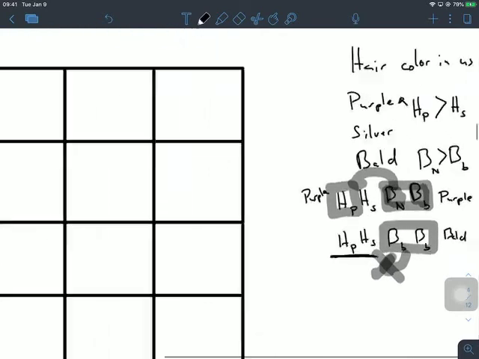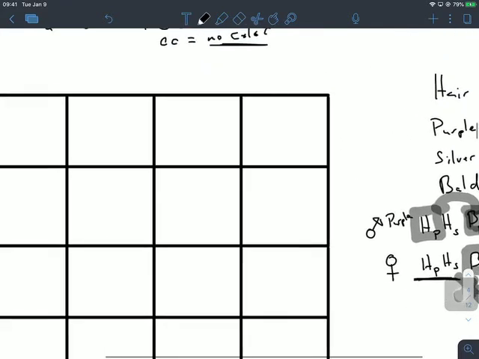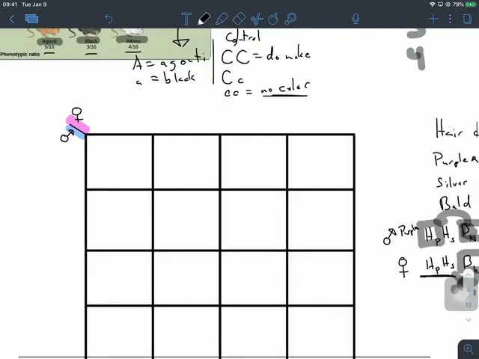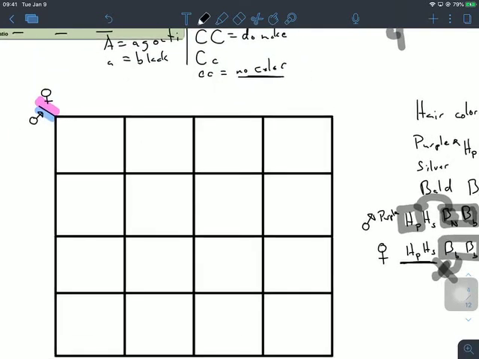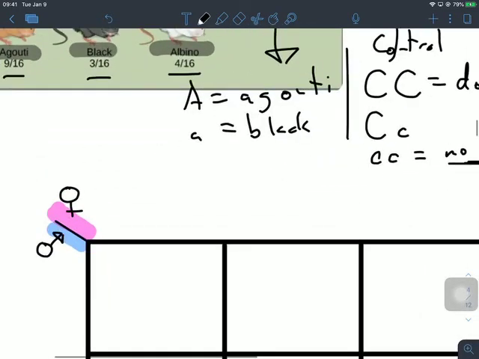So we'll call your bald individual your female and your purple-haired individual your male. Let's write out all of the genotypes on here. So looking at our purple female, we know that they can be purple paired with the not bald.